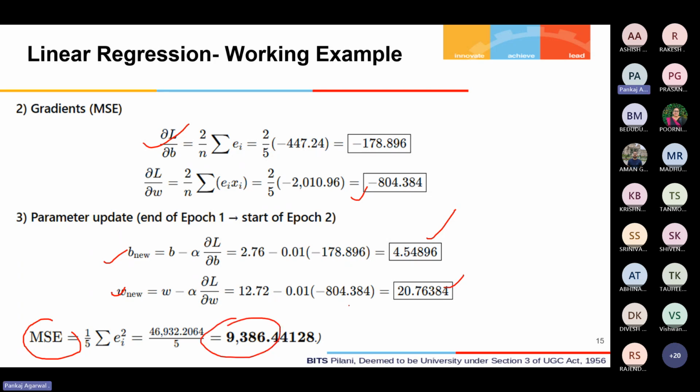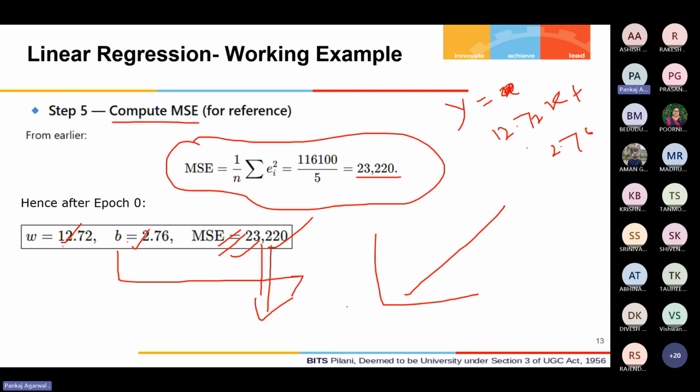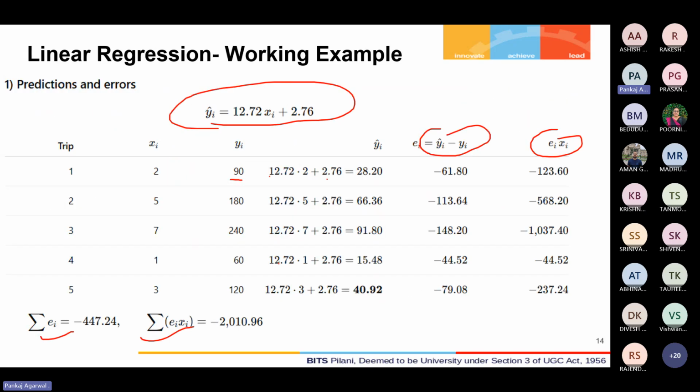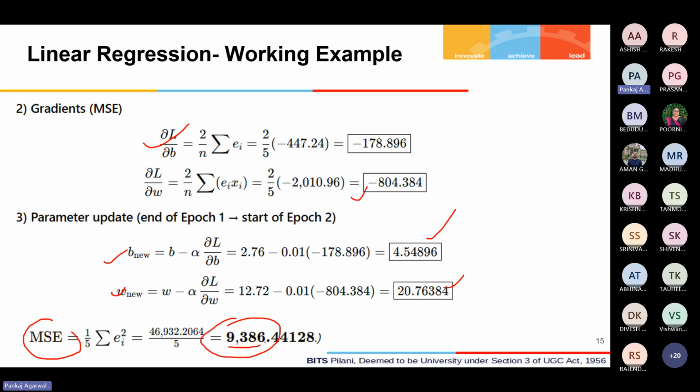Earlier the MSE was in five figures, 23220. Now the error is in four figures, 9380 or so. So I minimized the error, right? Previously there was one line, now this is another line I have drawn into my data points. Agreed or not?